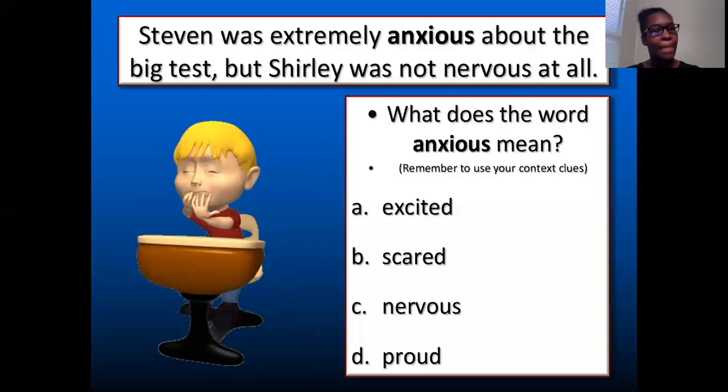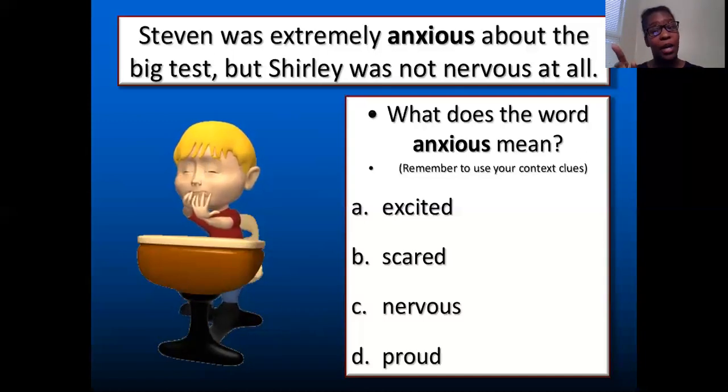A, excited. I don't think he's excited about this test if he's the opposite of Shirley. She's not nervous, but he is anxious. So let's eliminate excited. B, scared. Possibly. Not necessarily. Scared and anxious are similar, but a little bit different. So let's keep checking our answer choices to be sure.